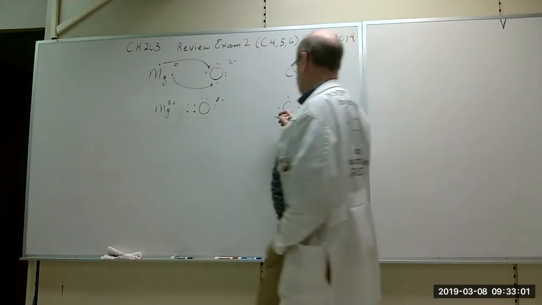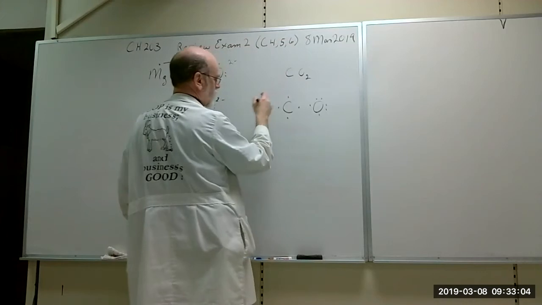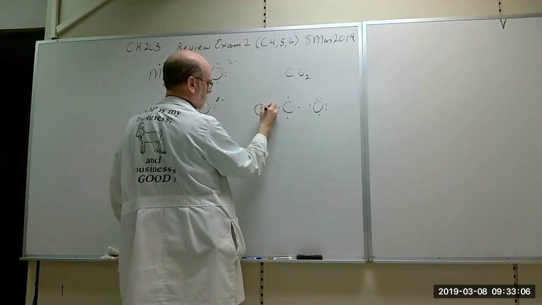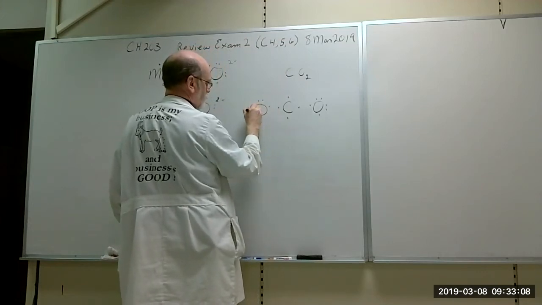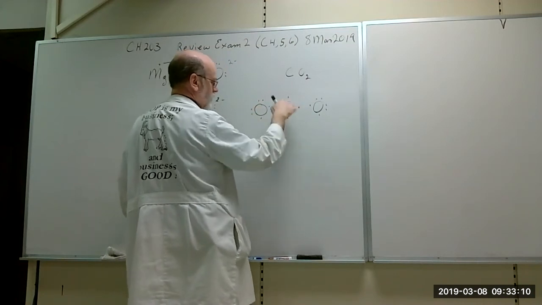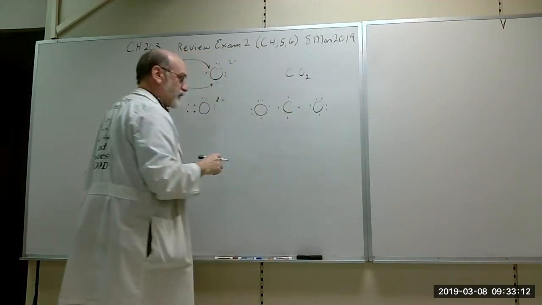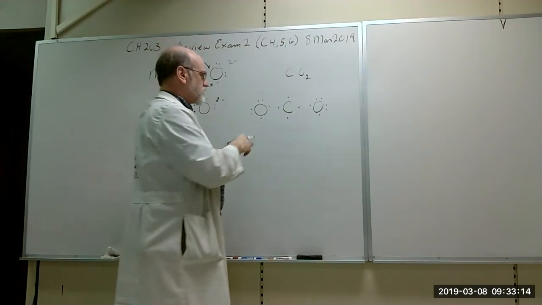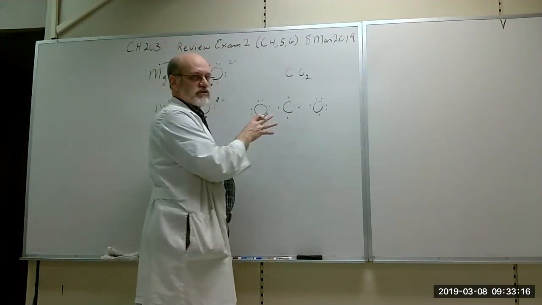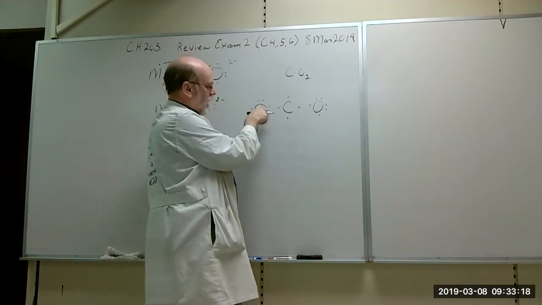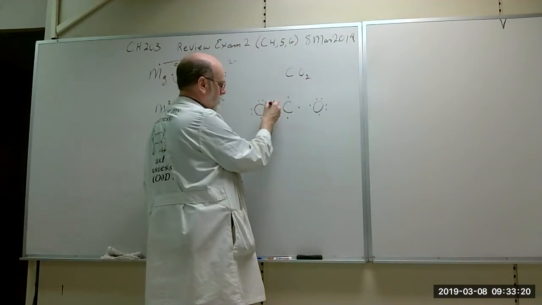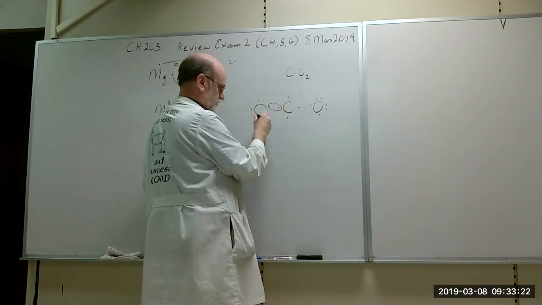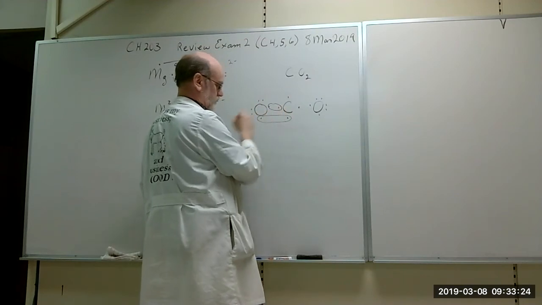Okay, on both sides. So we have 2 of them. 6 there, 6 there, and 4 here. Now what happens is, in order to complete their octets, they're going to share. So oxygen is going to share that one, and that one.